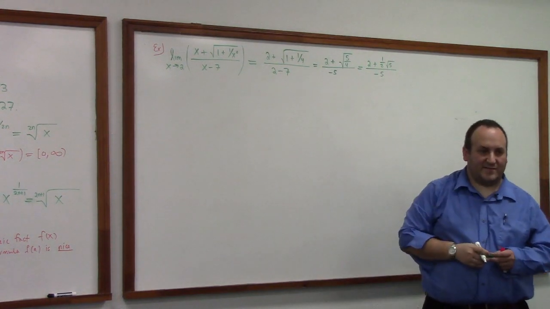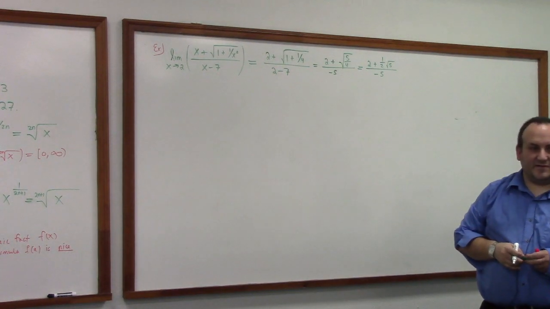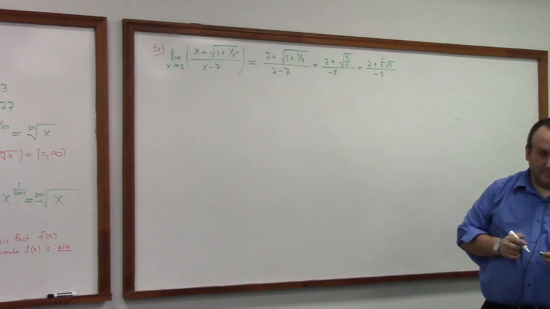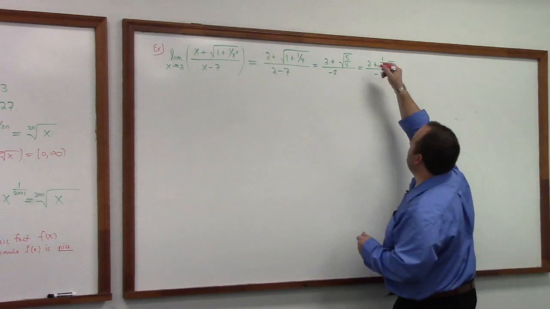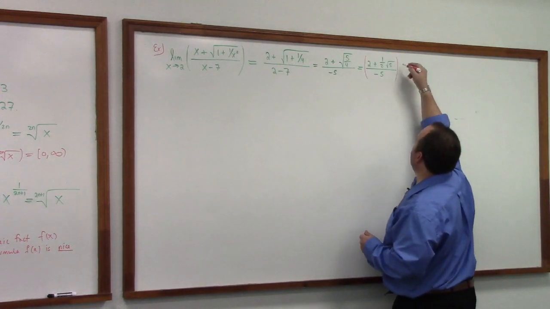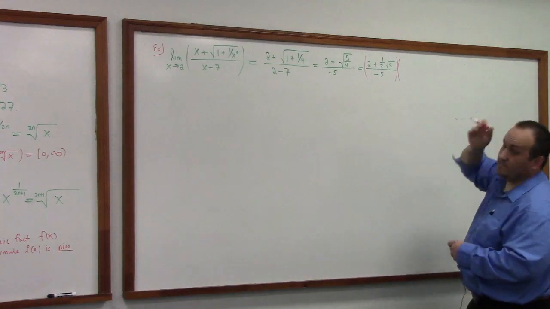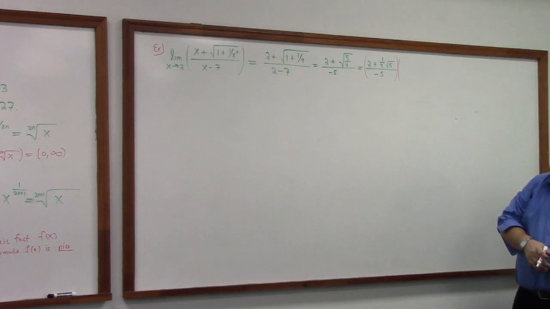And you're like, fractions offend me. Why have two fractions when you can just have one? How can you make that half disappear? Could I just leave the square root of 5 on top of 2?